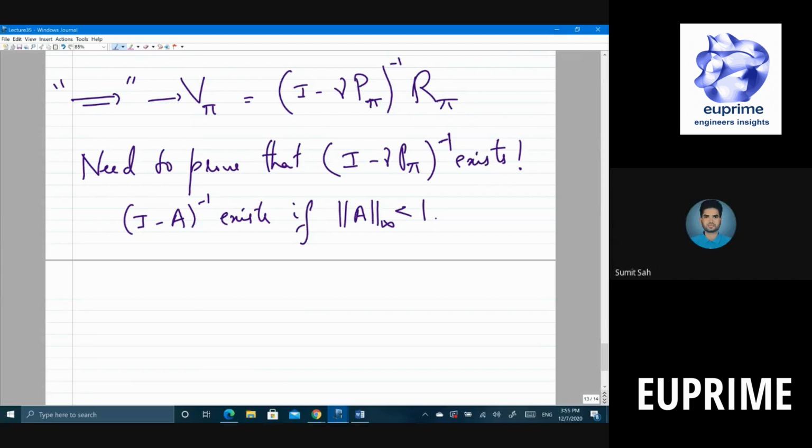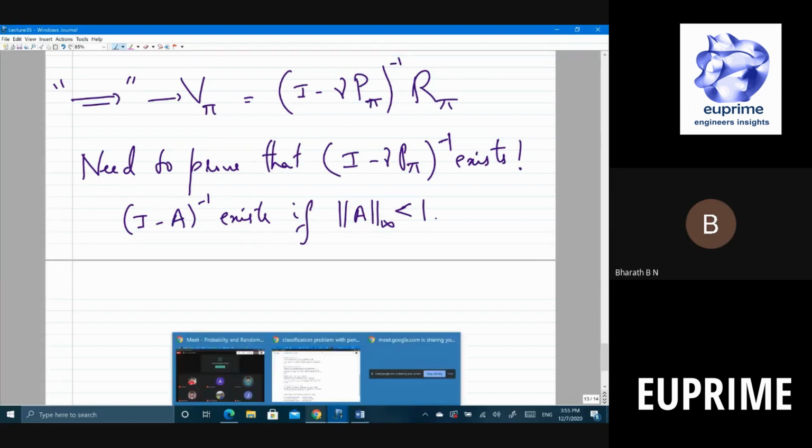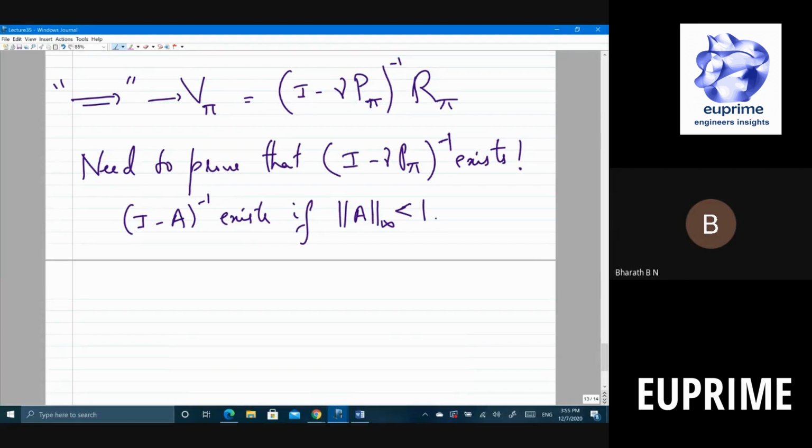Sir, if the infinity norm of A is less than 1, what does that mean? Maximum value. Hey, guys who are taking linear algebra, you should answer.